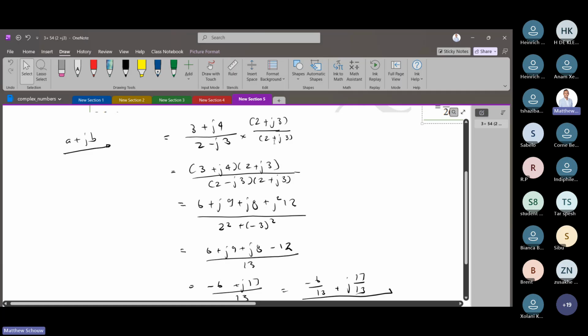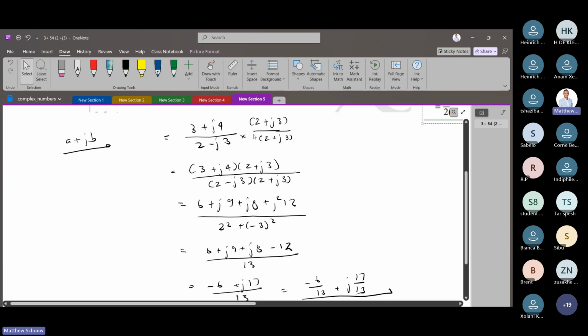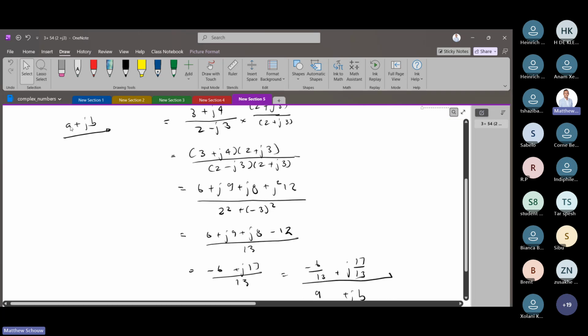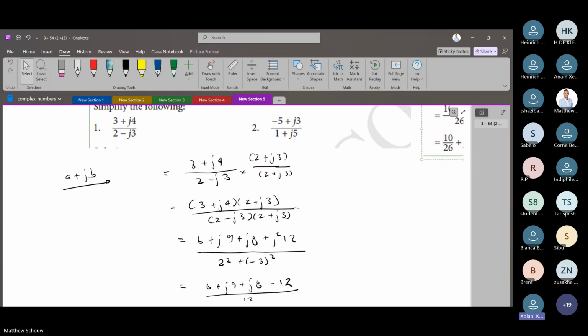What you do to the top, you must do to the bottom. Conjugate comes in the case of division problems for complex numbers. The reason is that you want to get the final answer into this form here. Are you with me? Yes, gotcha. So it's just learning something new.